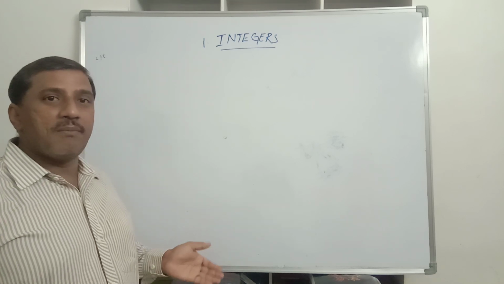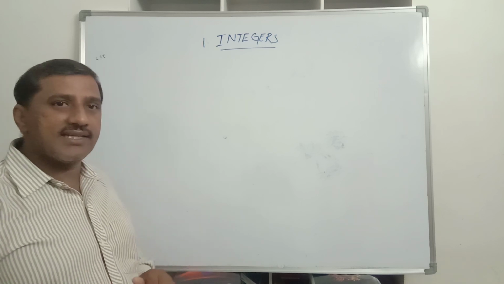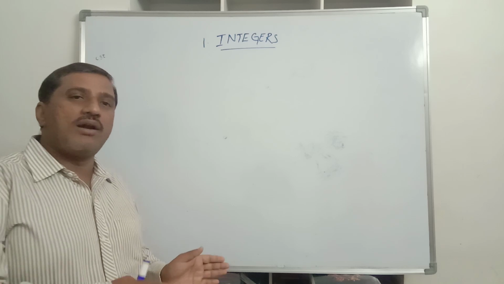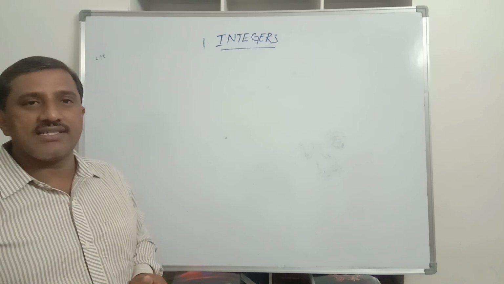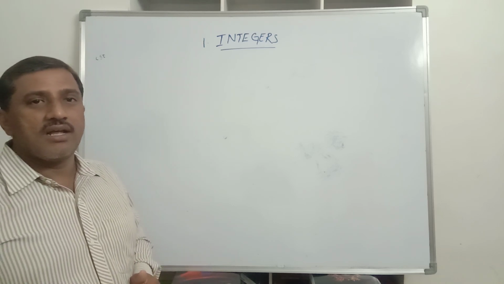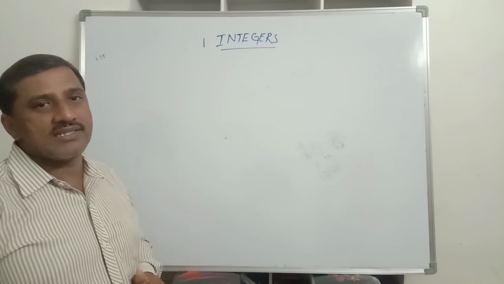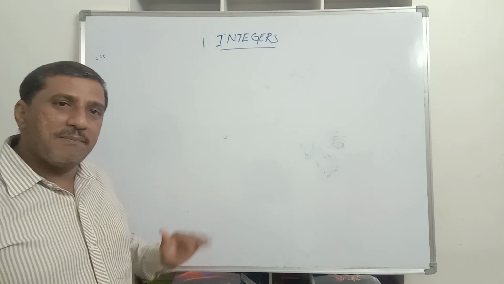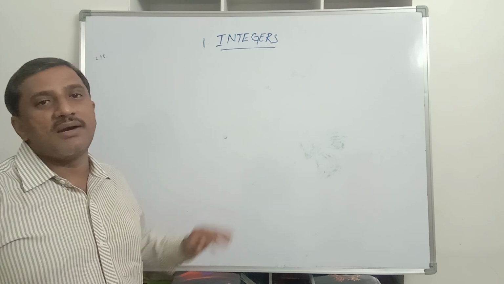After that, multiplication of integers: multiplication of two positive integers, one positive and one negative integer, two negative integers, and more than two negative integers. Then properties of integers under multiplication.